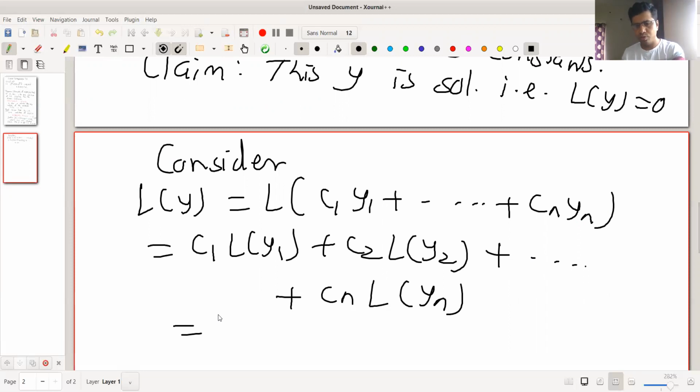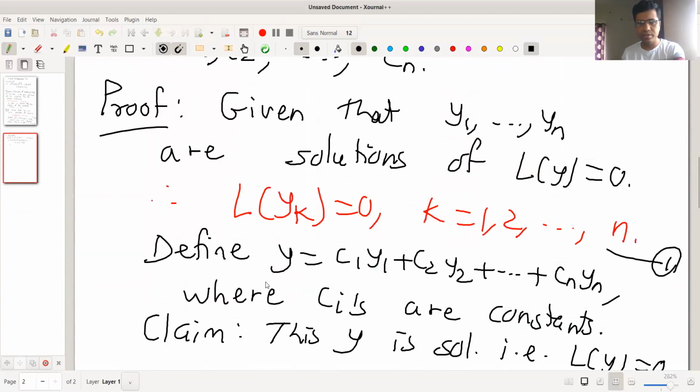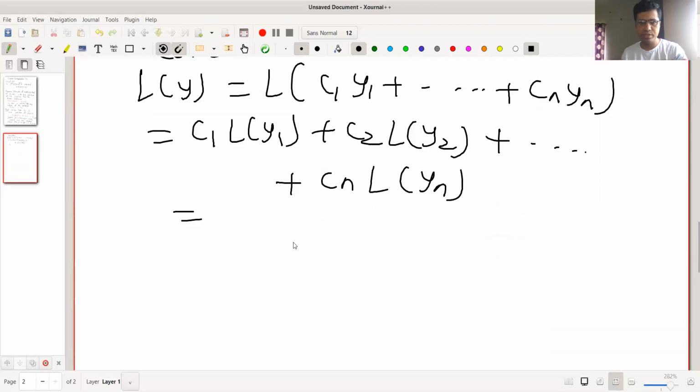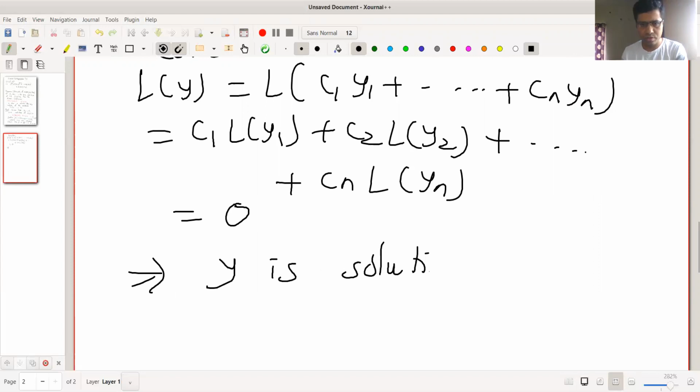Now using 1, L of yk is 0 for each k. That means L of y1 is 0, L of y2 is 0 and so on, L of yn is 0. So this is 0. What we have shown is that L of y is 0. This means y is a solution, and this proves the result.